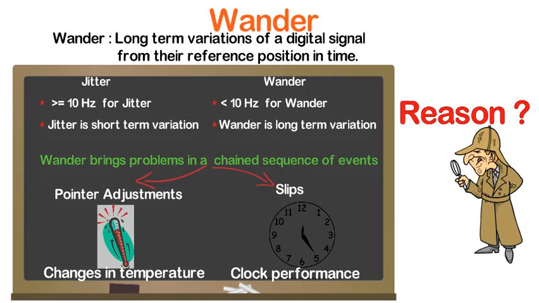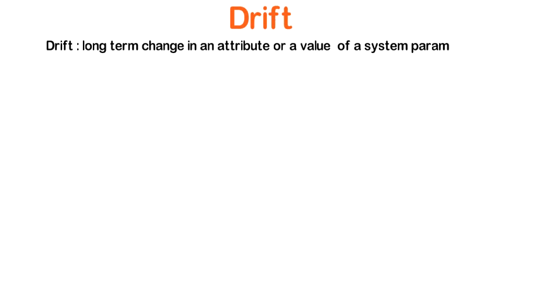Let's move ahead understanding some more transmission parameters. The next parameter we are going to talk is drift. We discussed about jitter and wander, whereas drift is comparatively long-term change in an attribute or a value of system parameter.